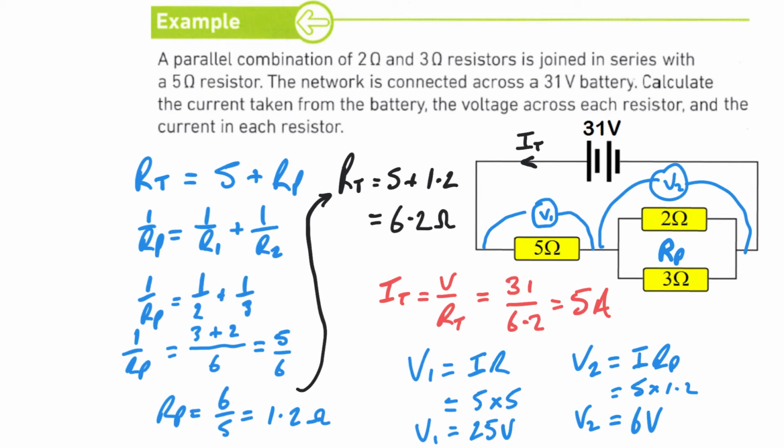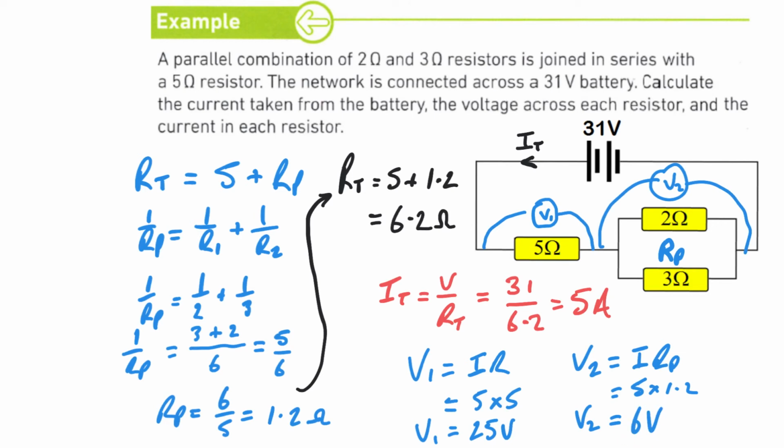Okay, they ask you to find the current in each resistor. Well, we know there's 5 amps here, so there's 5 amps in this first one, but that 5 amps splits here. What we can do is say, well, we know the voltage here, and if we put 6 volts across 3 ohms, we're going to get 2 amps, and so that means there must be 2 amps here.